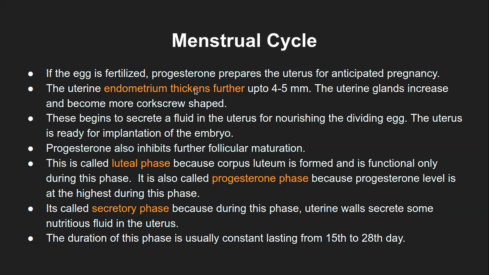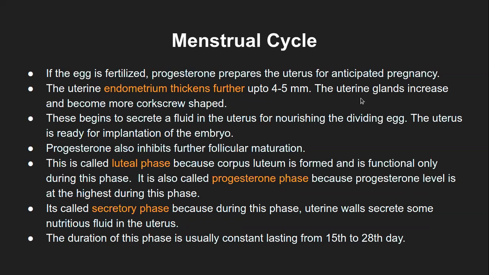The uterine endometrium thickens further. Now it will thicken even after. First, during menstruation and the proliferative phase, it thickens 2 to 3 mm. Now the moment it realizes that the egg has fertilized into a zygote, it will thicken even further, up to 4 to 5 mm.